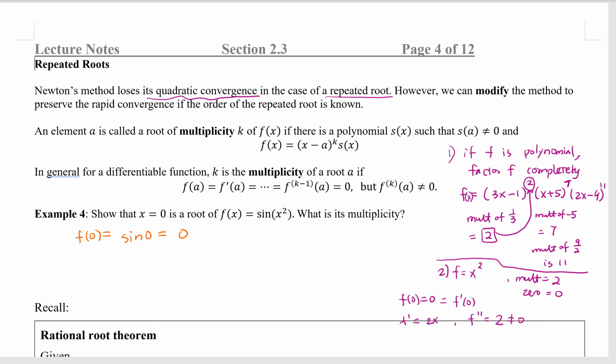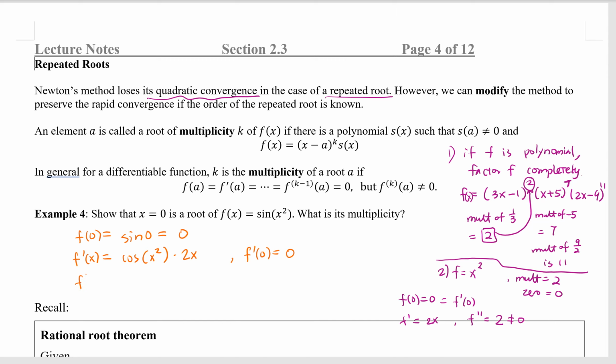Okay? And furthermore, we have f prime of x. What's the derivative? Well, chain rule: the derivative of sine is cosine x squared, and then chain rule, the derivative of x squared is 2x, right? And when we plug in 0, because the x is here, it is 0.